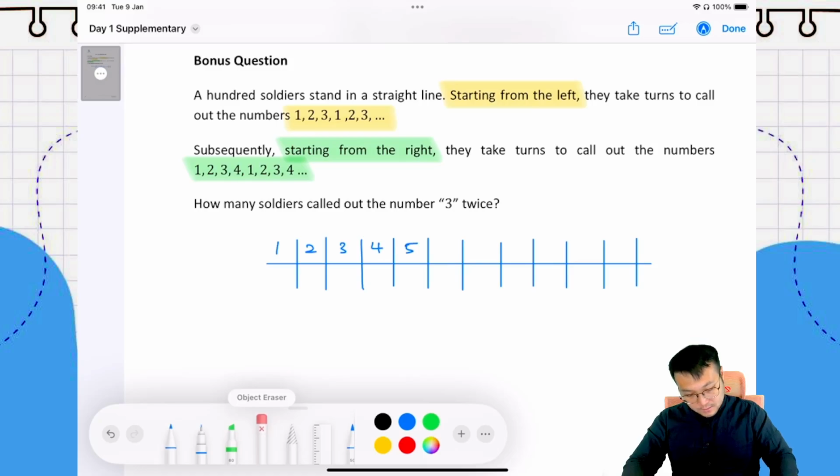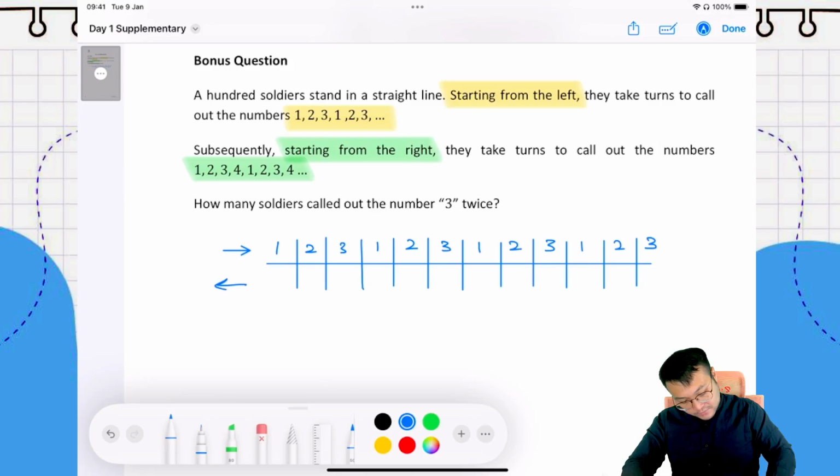Okay, so let's say this is from left to right. They count 1, 2, 3, 1, 2, 3, 1, 2, 3, 1, 2, 3. Then what if you go from right to left? If you go from right to left, you also start off from 1, 2, 3, 4. 1, 2, 3, 4. 1, 2, 3, 4.